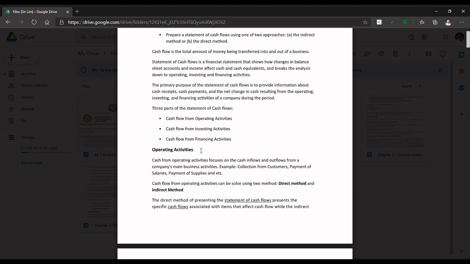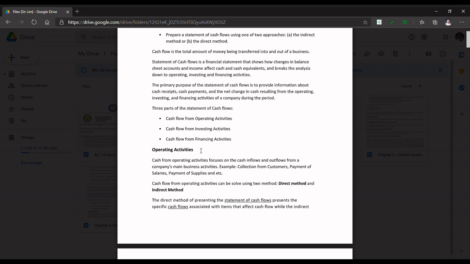Okay, so as long as it is in the ordinary course of business, from the sales of the merchandise, from the payments of the liabilities, those are considered the operating activities. Or another way of understanding operating activities is that it affects the net income. Okay, so any item that affects the net income, it also affects the operating activities.